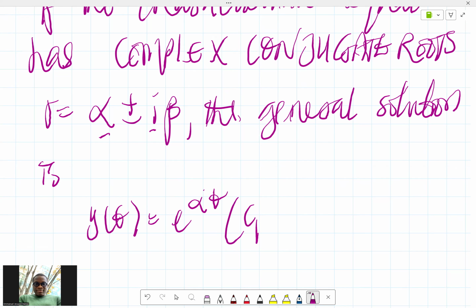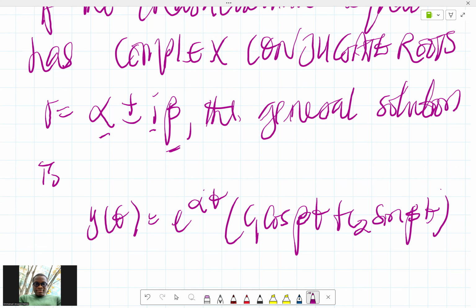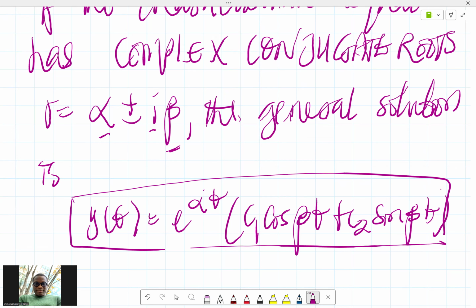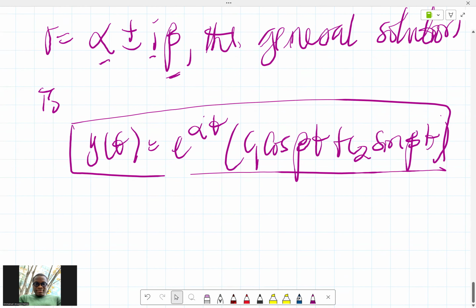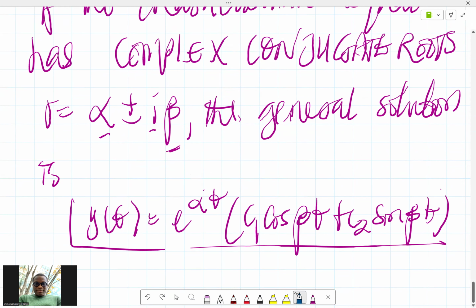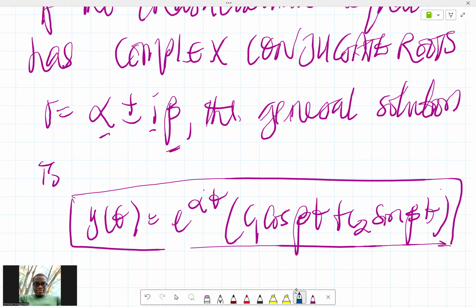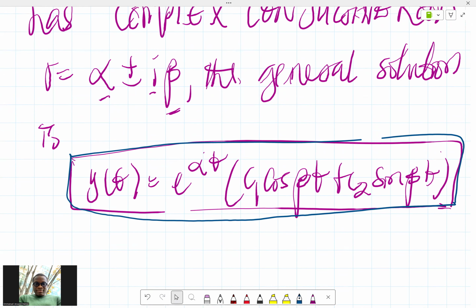So you have e raised power alpha t, then C1 cos beta t, this beta here, then plus C2 sine beta t. Okay. So when you have complex roots, that's exactly what happens in that situation. So if you get complex roots from the characteristic equation.